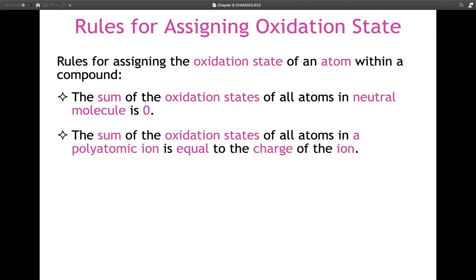If you have a polyatomic ion, such as nitrate or sulfate, its oxidation state is equal to the charge of the ion. So nitrate has an oxidation state of -1, sulfate has an oxidation state of -2.